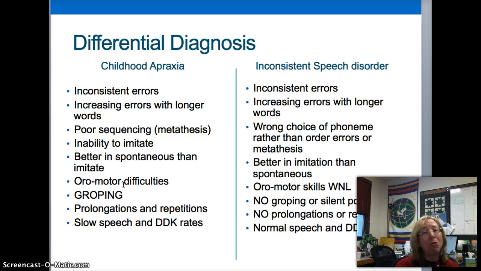You're not going to see that groping or silent posturing in kids with speech sound disorders. Kids with apraxia are going to have slow rate of speech, sometimes even their melodic line or their prosodic piece is off, and their diadochokinetic rates are going to be off. That's not going to be the case in children with speech sound disorders.